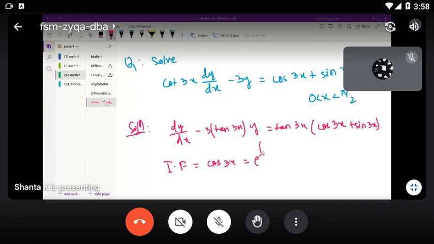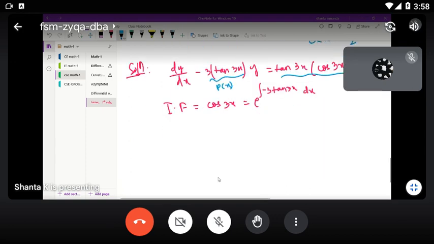So it is like e power integral p dx. So it is here minus 3 tan 3x dx. So here this is p of x and this is q of x.